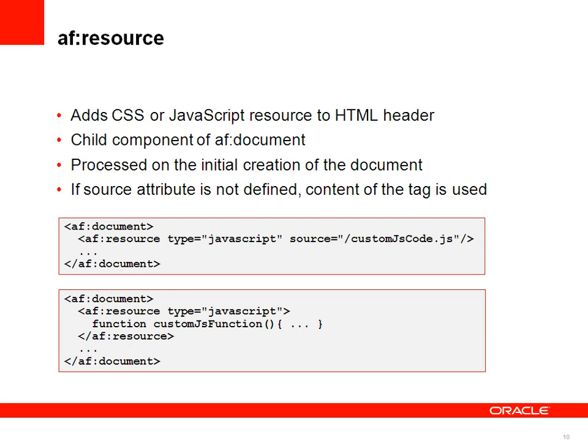The af:resource tag makes sure that the JavaScript or style sheet that you want to add to a page gets added to the HTML header and downloaded with high performance through the header and not as part of the body. The af:resource tag is a child of af:document, and you can basically put it wherever you want. So it's not really necessary to have this being the first tag within your page.